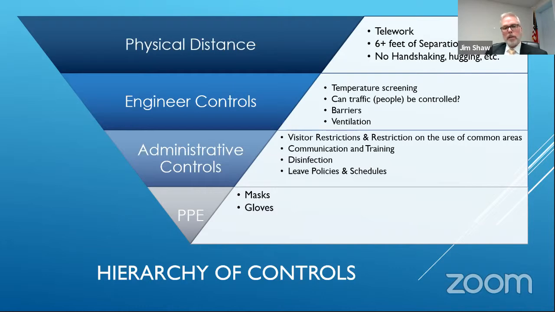And then finally, the use of PPE, gloves and masks and that sort of thing. As the governor directs the use of masks, then we follow suit in the way we conduct our business. As we understand it, gloves are still important in a task, especially related to cleaning and disinfecting areas.